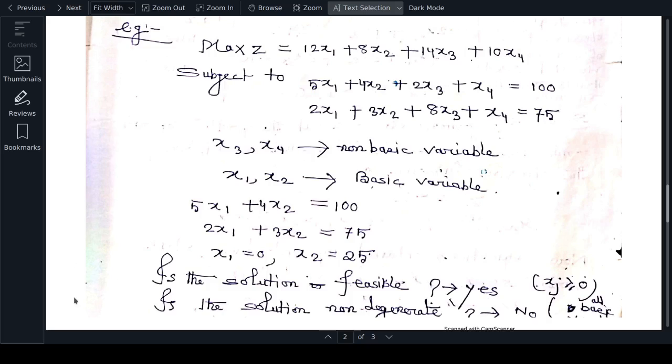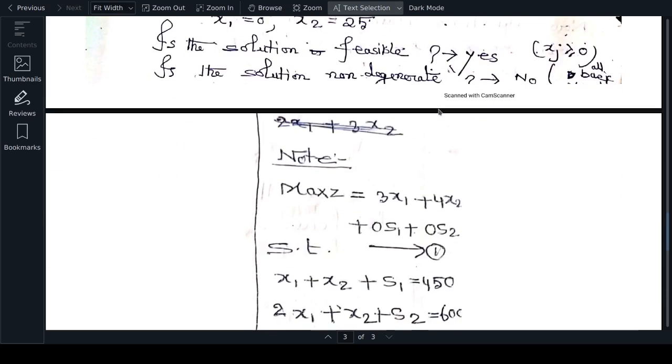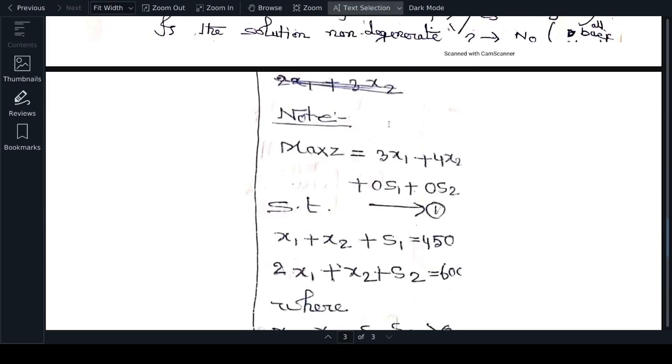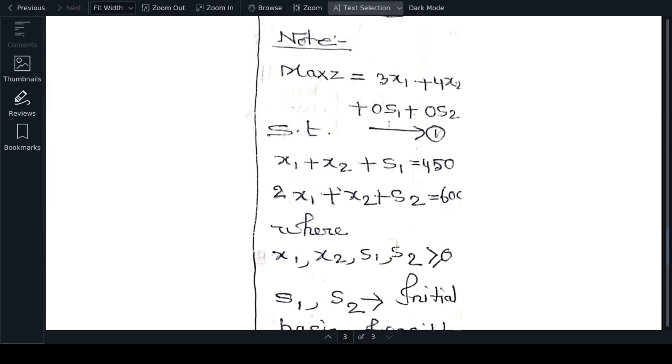And next you see, one note I have given. In this note, suppose one problem is given: maximize z, constants are also given.